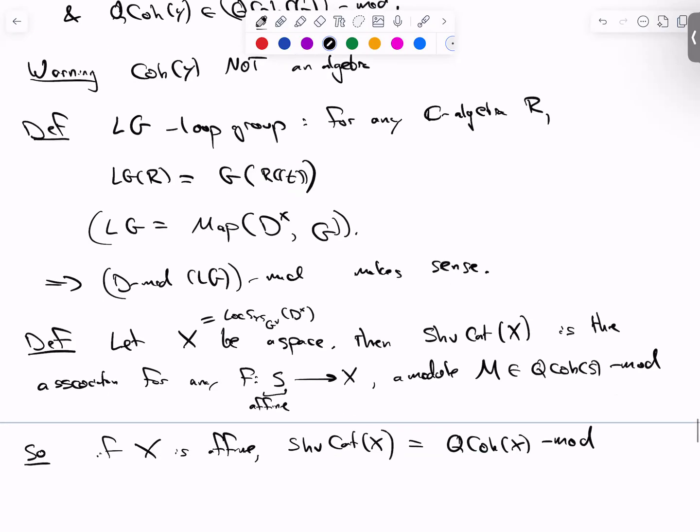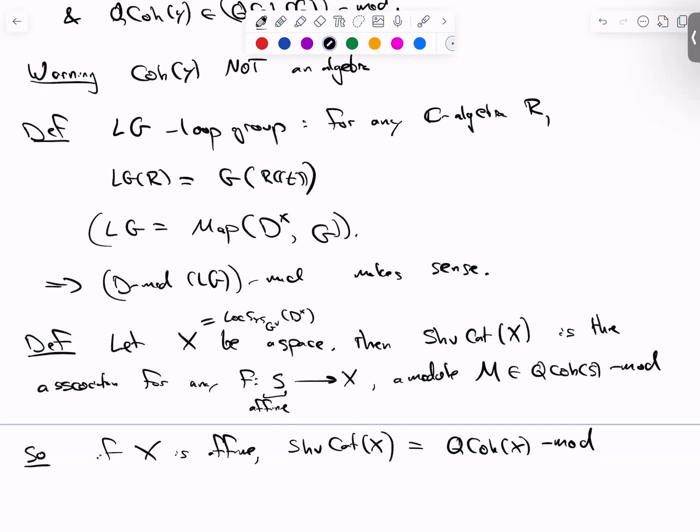And even simpler, if X were just a point, then the sheaf of categories on the point is just giving QCO of a point. This is just DG itself.